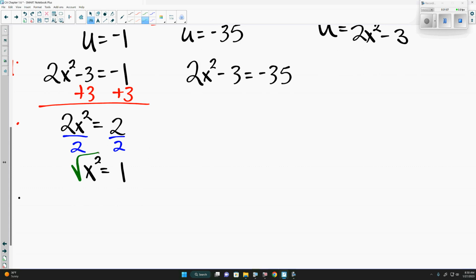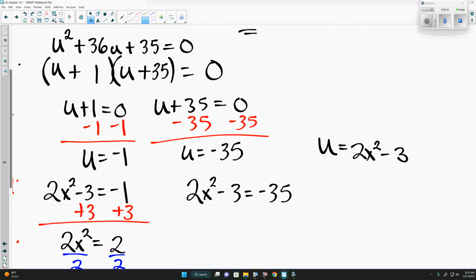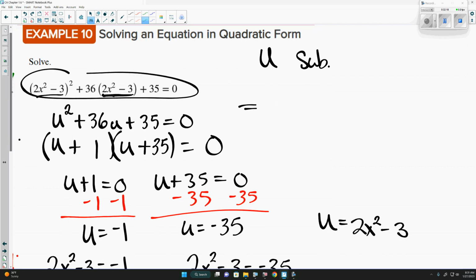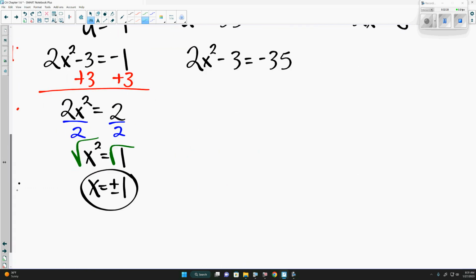And last but not least, square root both sides, telling us x is equal to plus or minus 1. And if we did this in the calculator, we graphed it, we would get positive and negative 1. Even if we plugged it in as the original equation, it would give us positive and negative 1 on the graph.